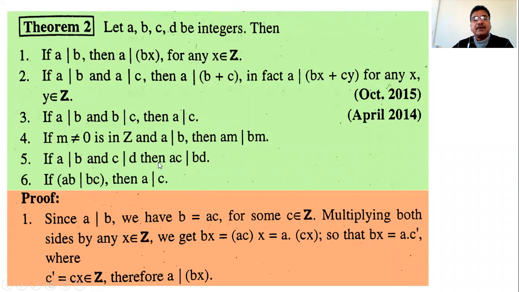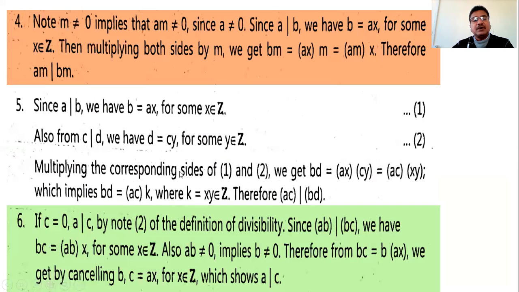ac divides bd. For ac to divide bd, bd must be expressed in the form ac into some integer. So consider bd. What is the value of b? It is ax. What is the value of d? cy. And so write this ax times cy in this fashion, ac into x into y.